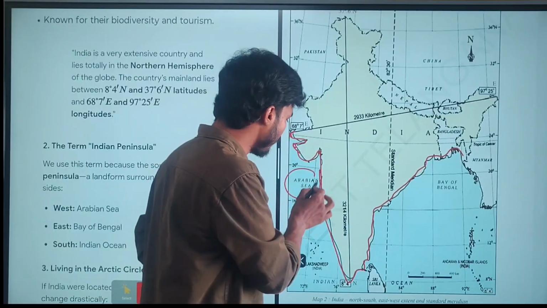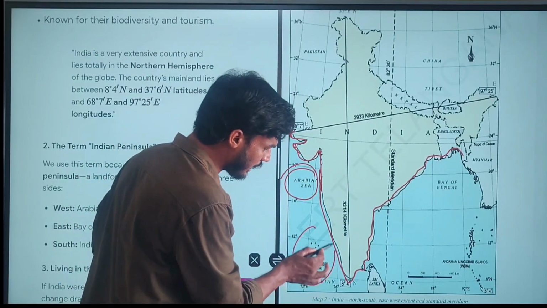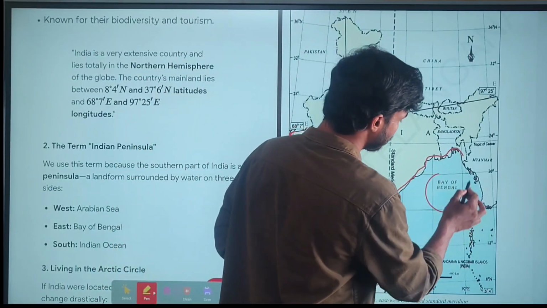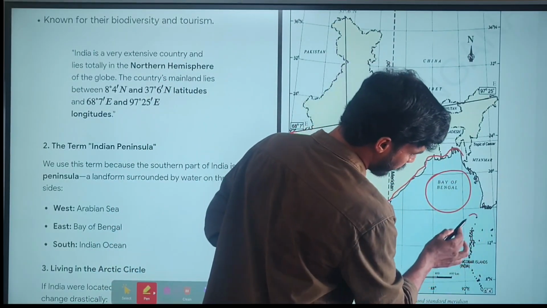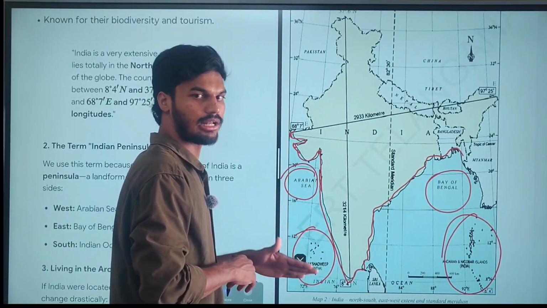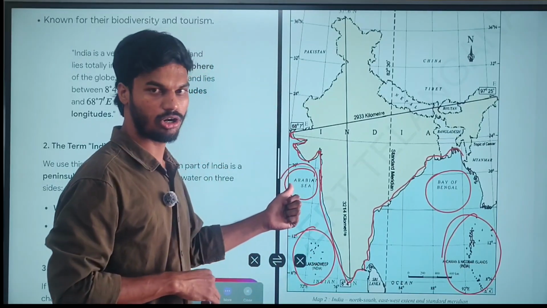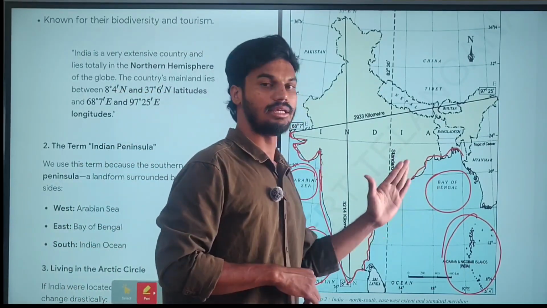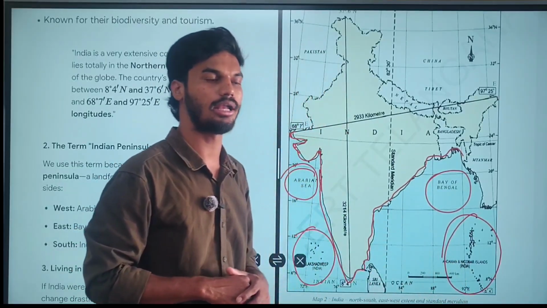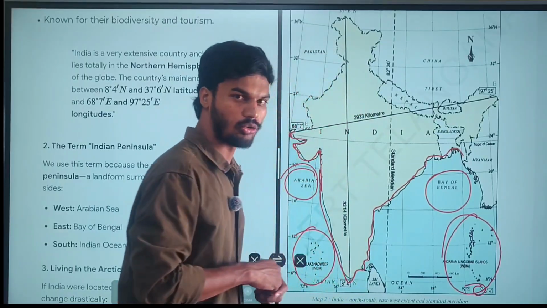On the western side is the Arabian Sea, and below it is an island group we call the Lakshadweep Islands, surrounded by the Arabian Sea. At the eastern side it is the Bay of Bengal, with the Andaman and Nicobar Islands. The Andaman and Nicobar Islands are also known as the southernmost tip.